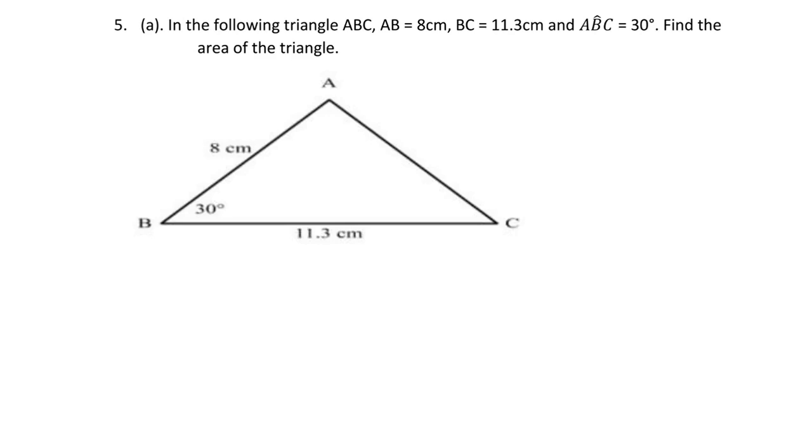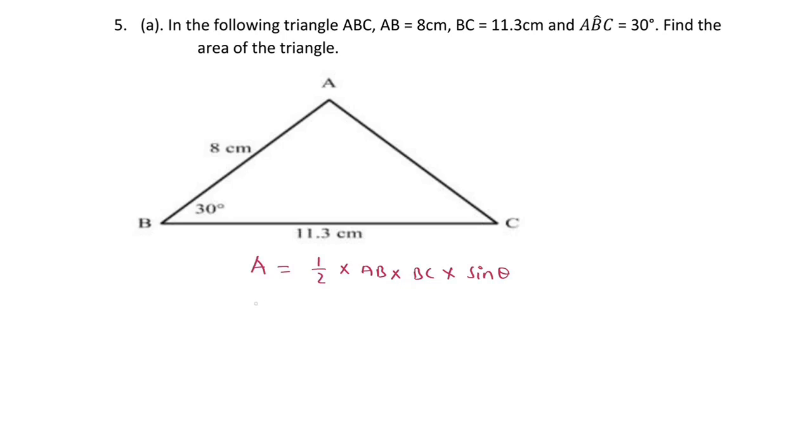Since we have two values for sides and an angle between them, we can use the following formula for an area, which says area equals 1 over 2 times AB times BC times sine theta. Let us substitute the values into our formula.